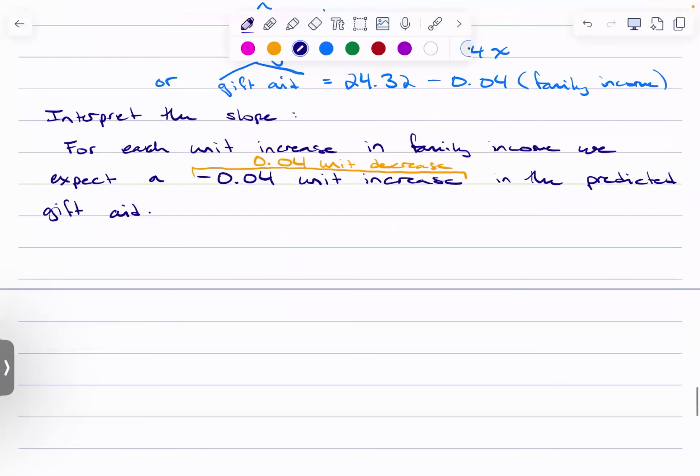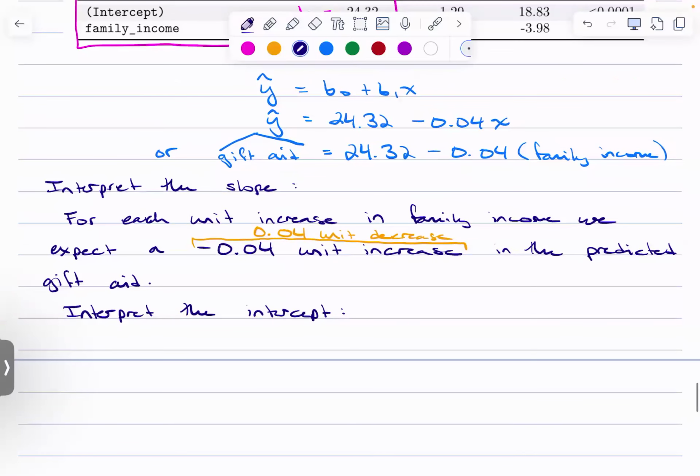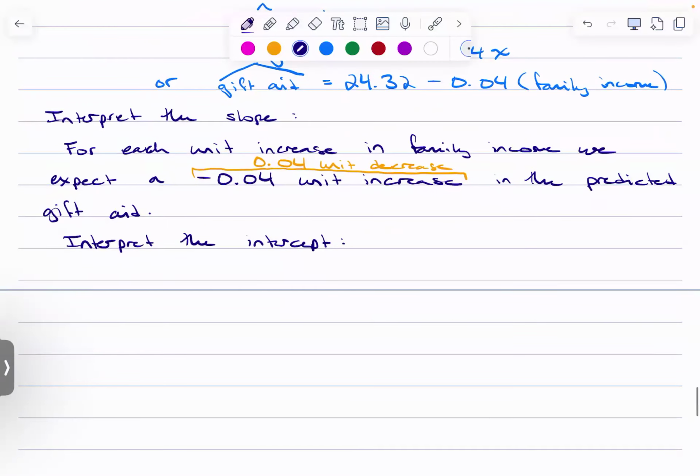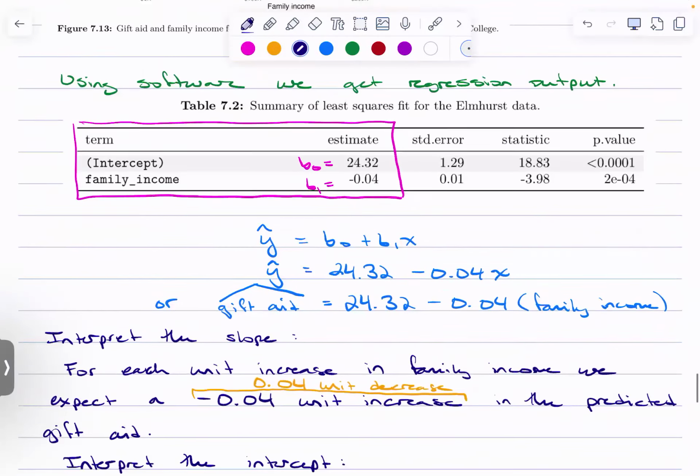What if we had to interpret the intercept? The predicted gift aid is 24.32 with a family income of 0. I'm going to try to keep it on this same page here, but it's tight. Can't really buy any room anywhere.